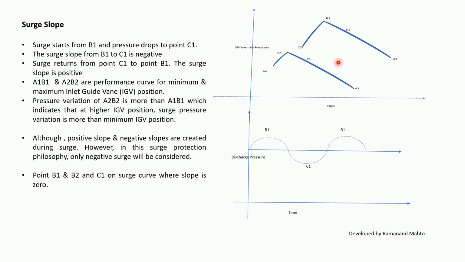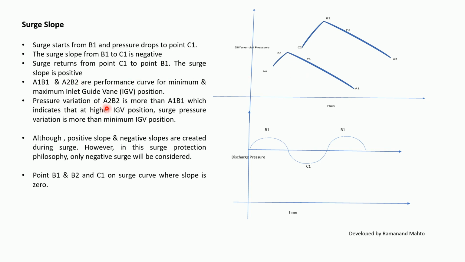A1 B1 and A2 B2 are on the performance curve for minimum and maximum inlet guide vane position. So this is for minimum inlet guide vane position, this is for maximum inlet guide vane position, or it can be other IGV positions, or it can also be different speeds of the compressor for a variable speed compressor.